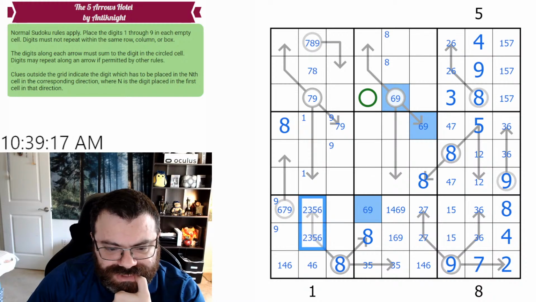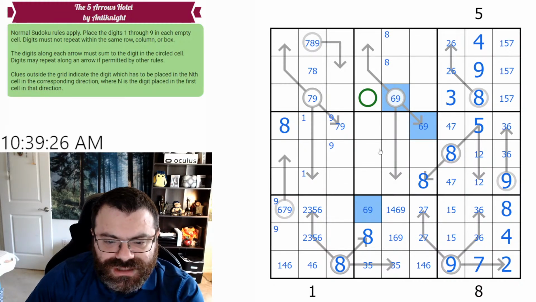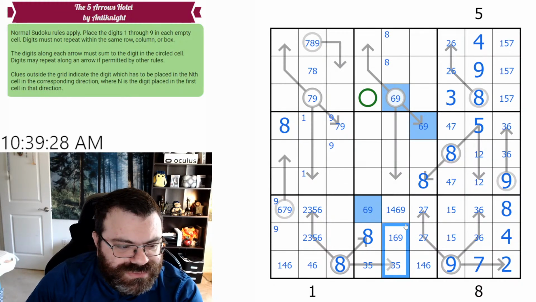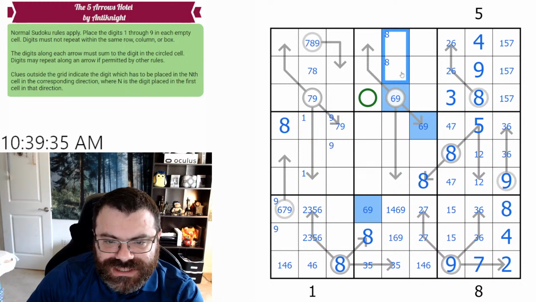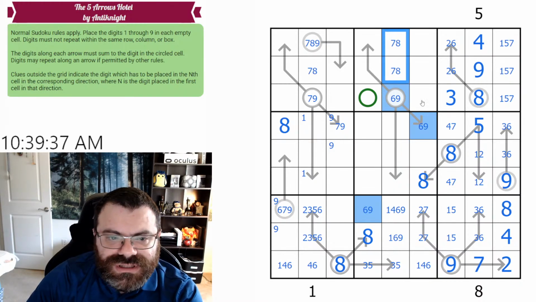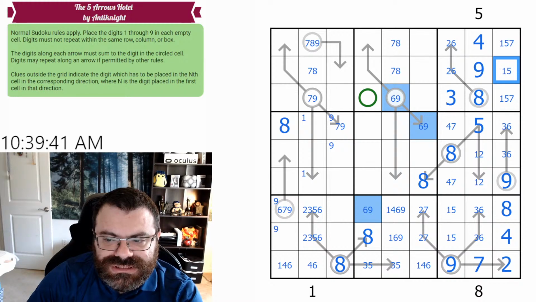We did the math on it already. That's a good point. Corporate Commander says look at 7 in this column, and the 2-7 pair keeps it out of here. It's never on a 3-cell arrow, so it joins the 8 up here, which is pretty nice. We have a 7-8 pair here now, so that's not 7.